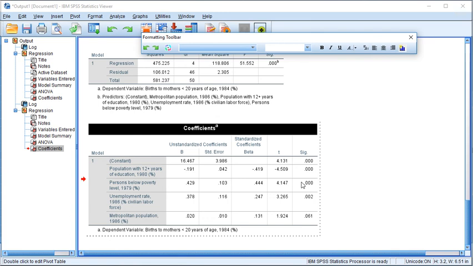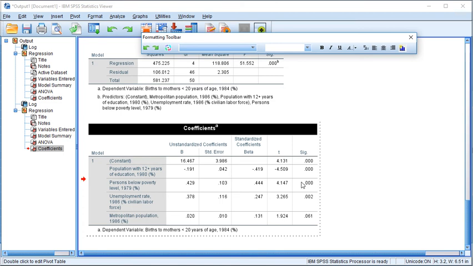In metropolitan population, percent of population living in metropolitan areas, this variable is not statistically significant at the 95% confidence level. We notice its t-test of 1.92 has a probability value of 0.061. So if we were using a 95% confidence level as our standard for statistical significance, this would not be statistically significant.